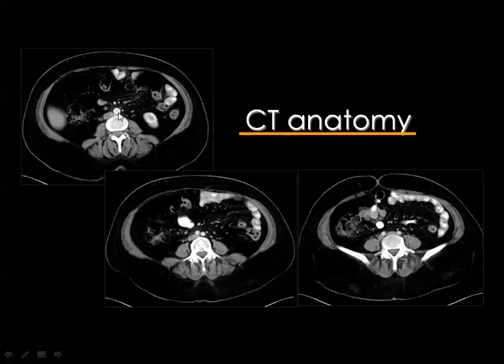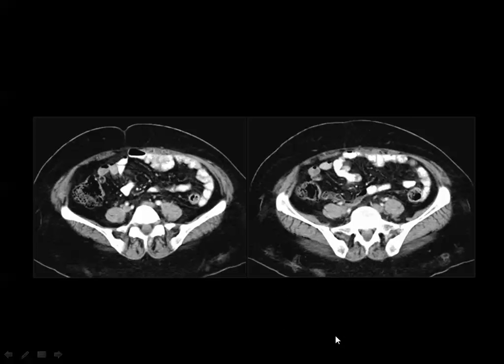Then you can see the aorta and the IVC. Lower down, we can identify the bowel loops, which are delineated by the orally administered contrast material. And lower down, we still see the bowel loops and the psoas muscle and the vessels on both sides.